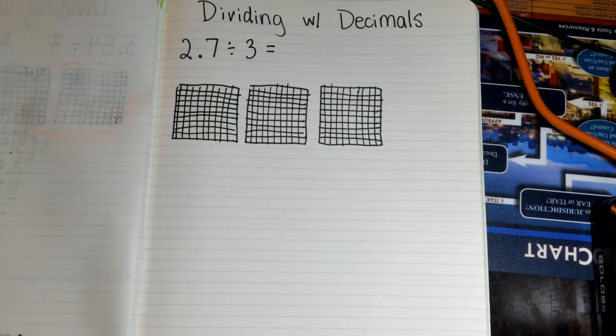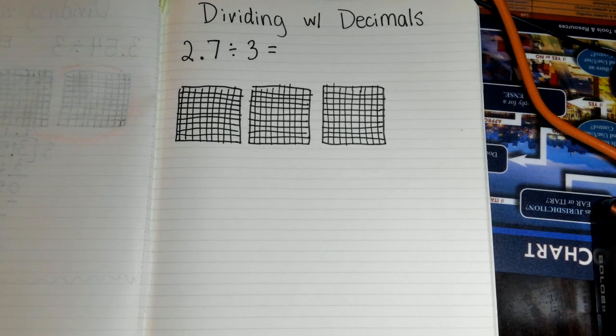Okay, so we have 3 very poorly drawn hundredths grids, but that's okay.